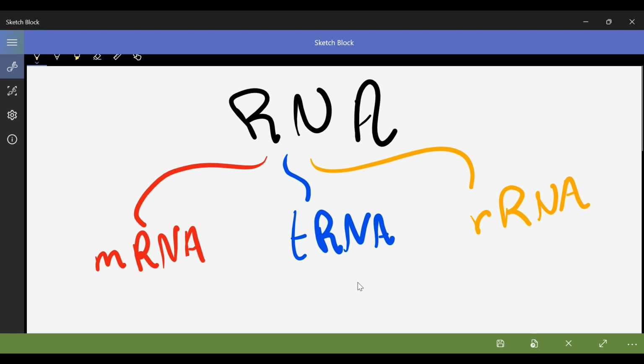The mRNA is the messenger, the tRNA is the transfer RNA, rRNA is the ribosomal RNA. These are the names. So the decoding and messenger functions are carried out by RNA, which is the second type of nucleic acid. The first type is DNA, we know that. So these three forms of RNA typically act together to carry out DNA's instructions for polypeptide synthesis and then proteins.